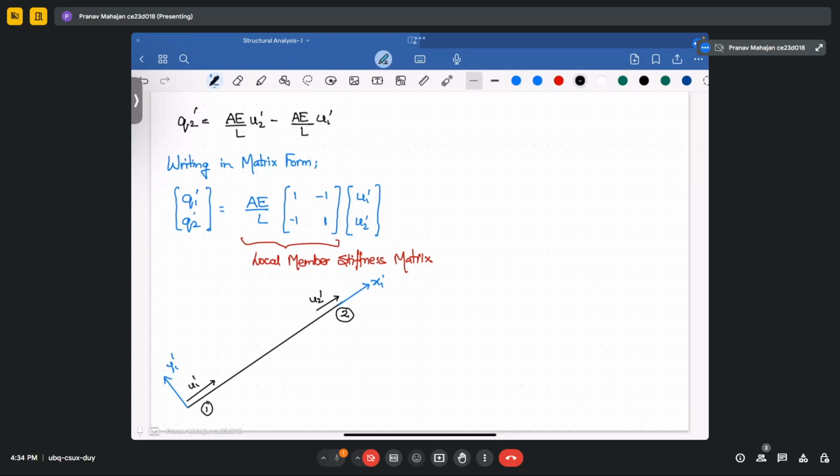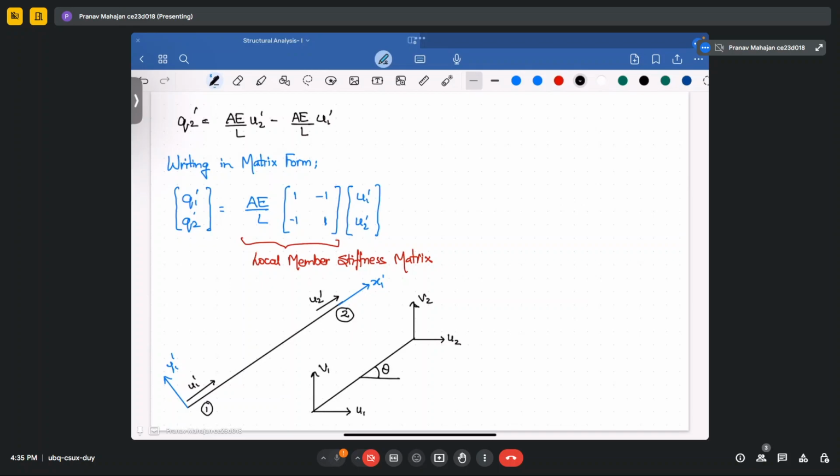But in the case of global coordinates, your deformations will be like this: u2, v2, and u1, v1, and let this angle be theta.